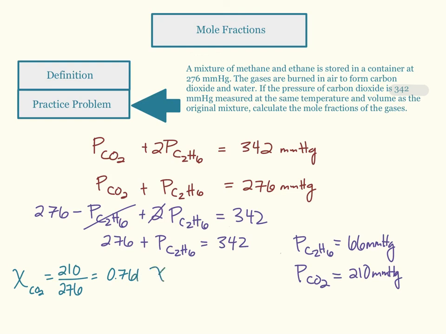And the mole fraction of the ethane gas would be 66 millimeters mercury divided by 276, which gets us 0.239.